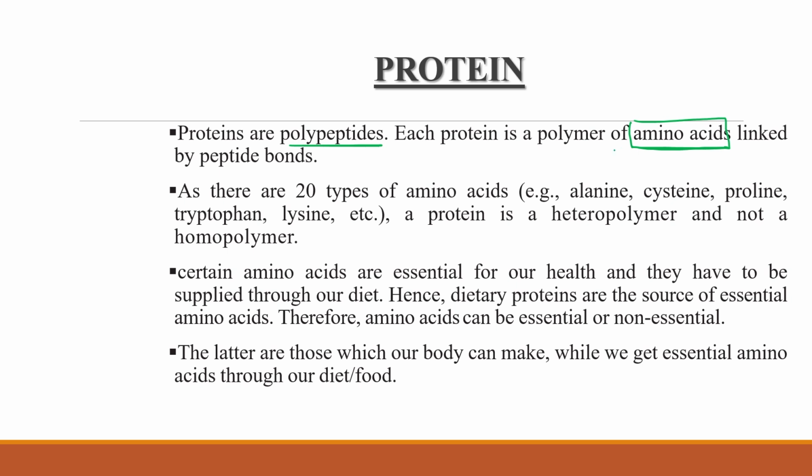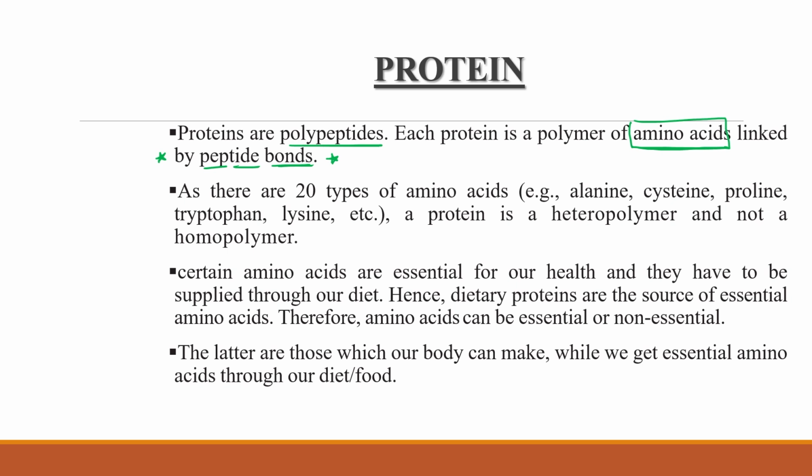Each protein is a polymer of amino acids which are linked by a special bond known as a peptide bond. What is the type of bond? Peptide bond. As in the case of polysaccharides, when two monomer units combine together, that bond is a glycosidic bond.